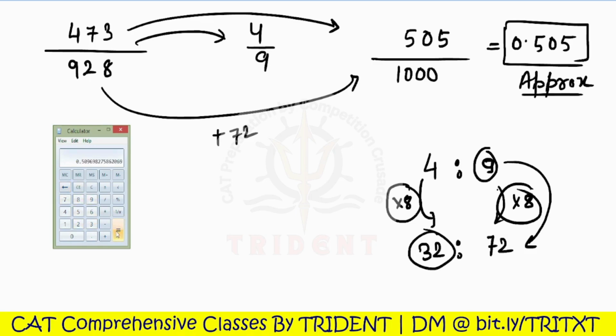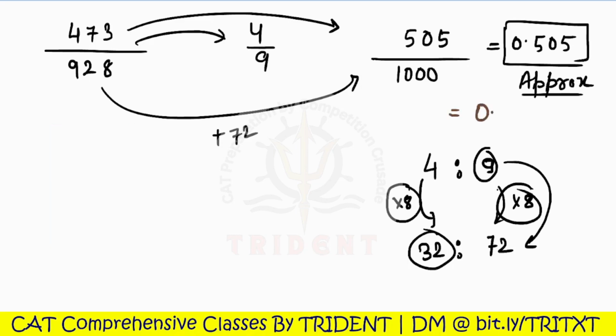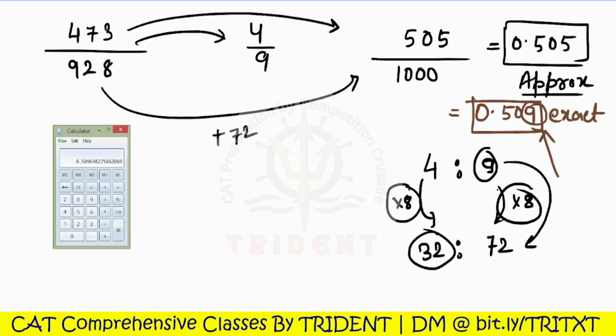That is 0.509. 0.509 is the exact value. Now my dear friends, this is the exact value, and this much margin of error is acceptable because that is the third place to the right of the decimal. I'll show the calculator to you again for your reference.